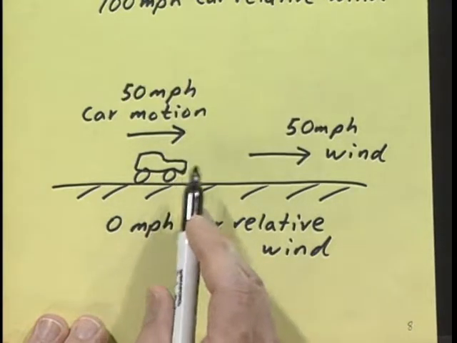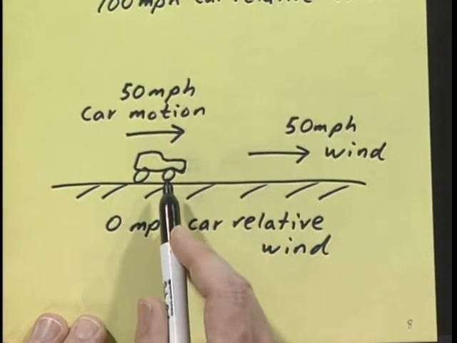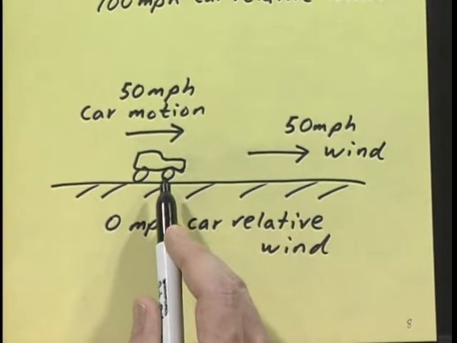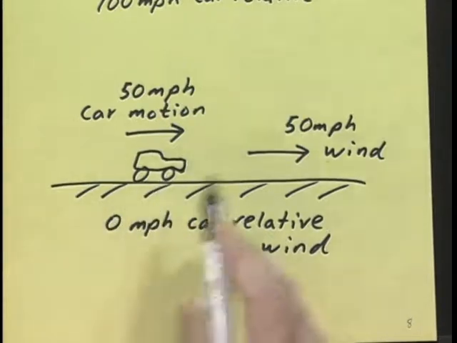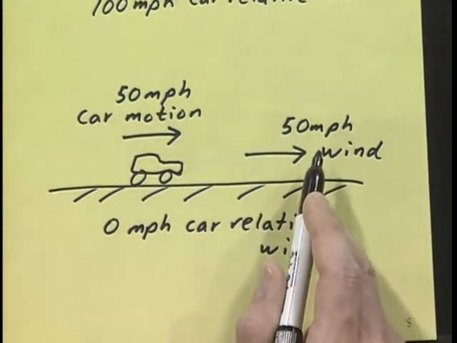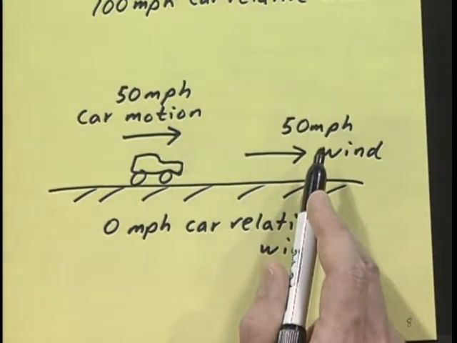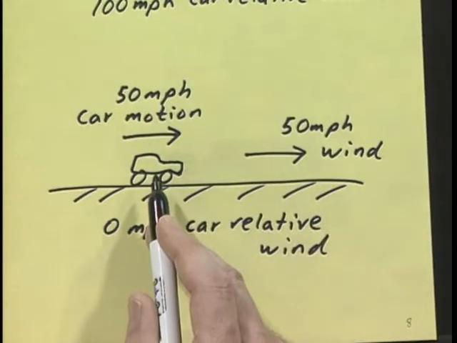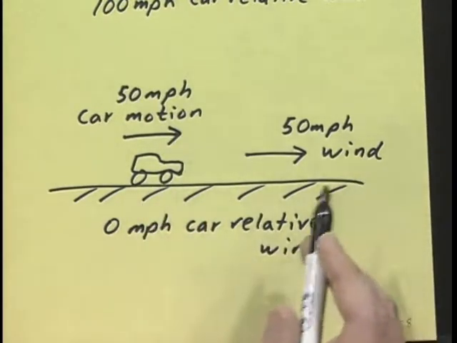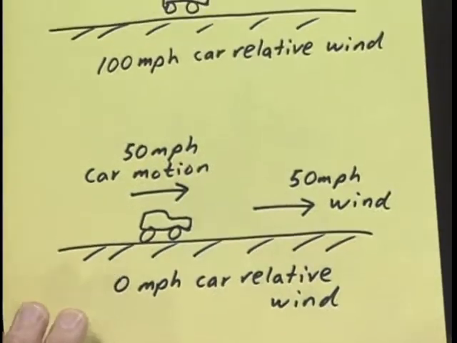The wind speeds would cancel each other out, and if you put your hand out the window, you would not feel much wind at all, assuming that the wind was a constant 50 miles per hour and your car was a constant 50 miles per hour and they were moving away from each other. So that's car relative wind.